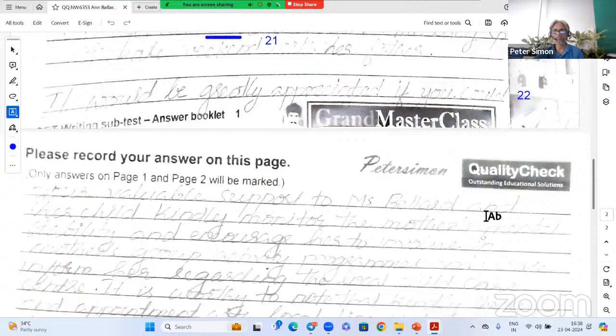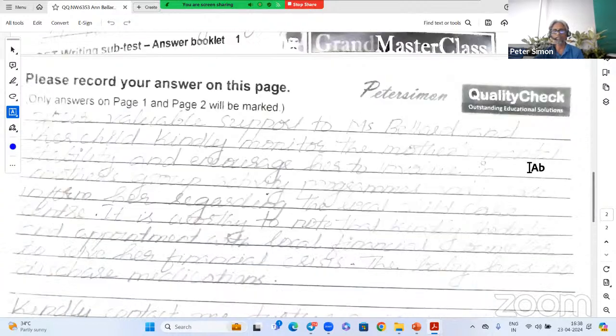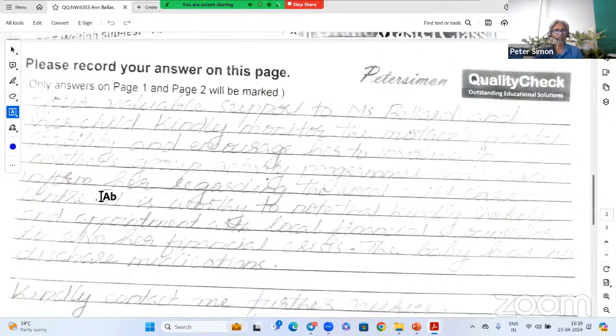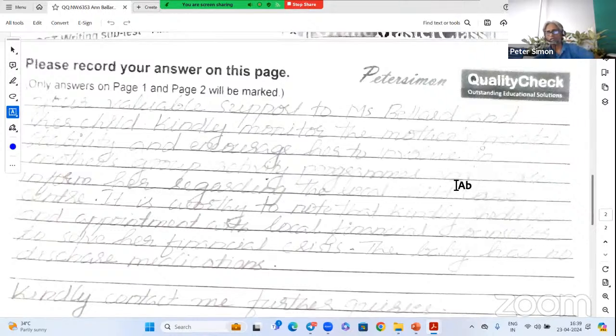Kindly monitor the mother's mental stability and encourage her to involve in mother's group activities, activity programs.